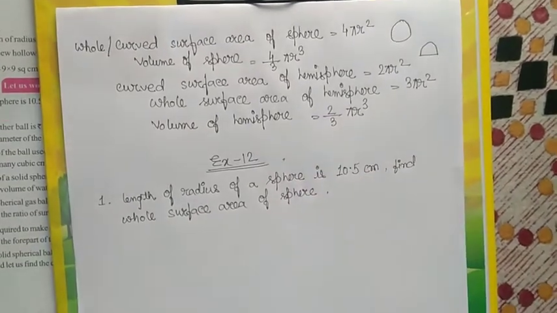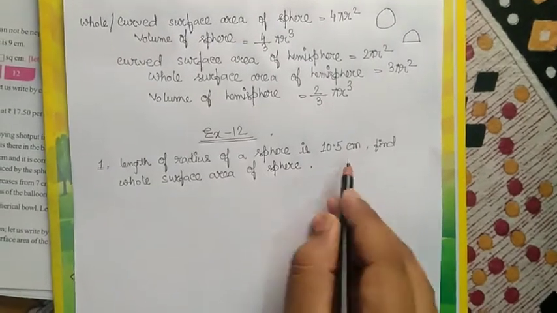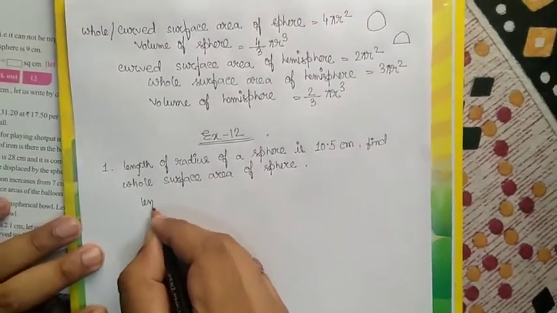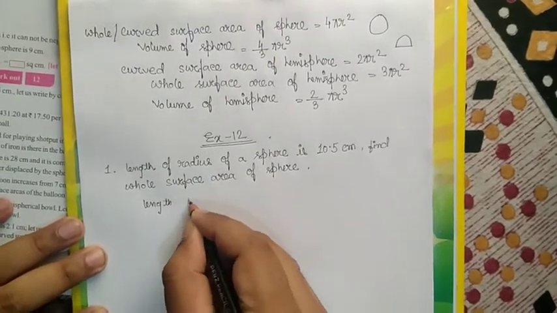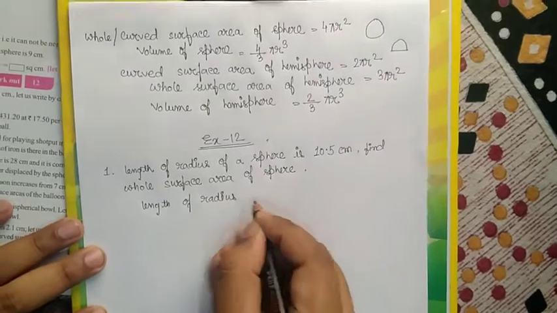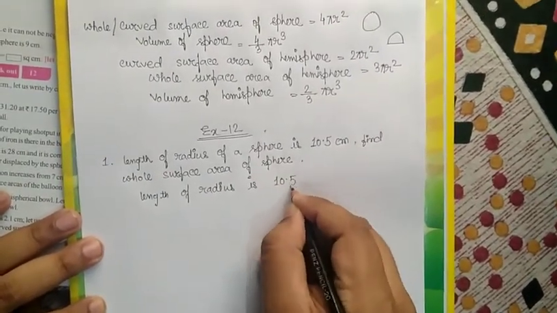Now, first sum: the length of the radius of a sphere is 10.5 centimeter. Find the whole surface area of the sphere. The length of the radius is 10.5 centimeter.